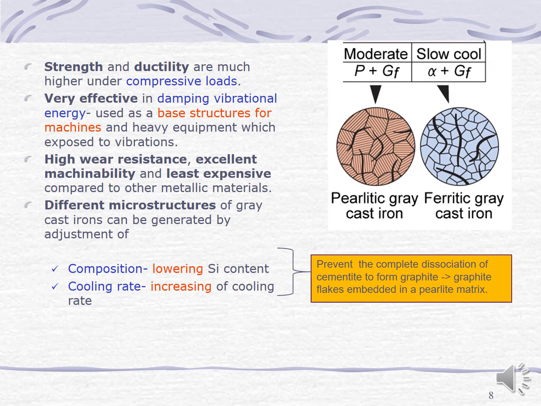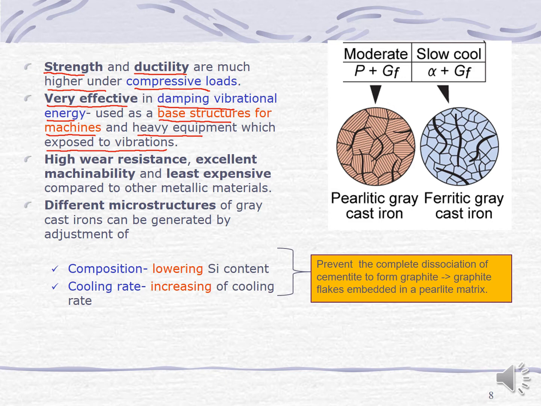Because grey cast iron is very brittle, its strength and ductility are much higher under compressive loads. It is also very effective in damping vibration energy, and is widely used as base structures for machinery and heavy equipment exposed to vibration.